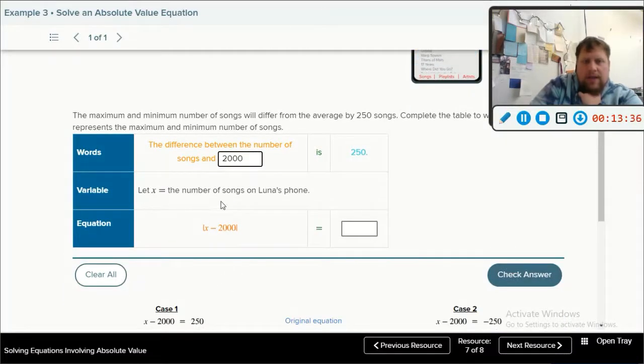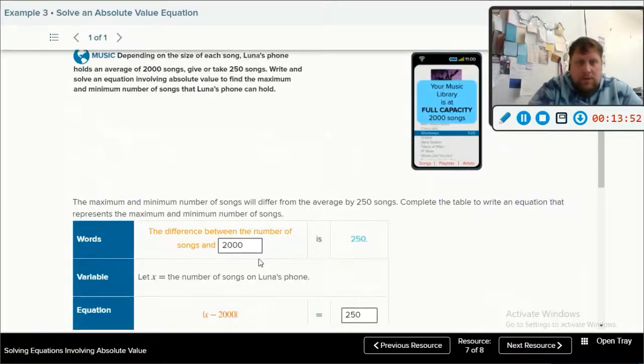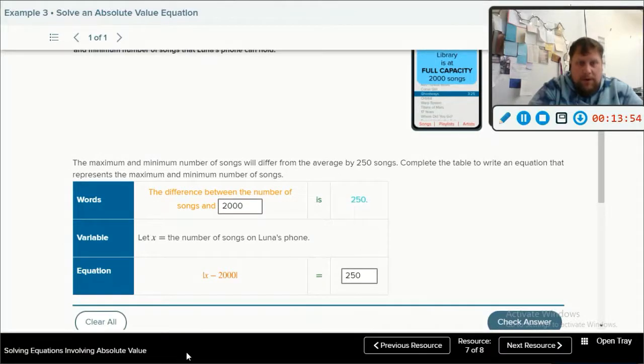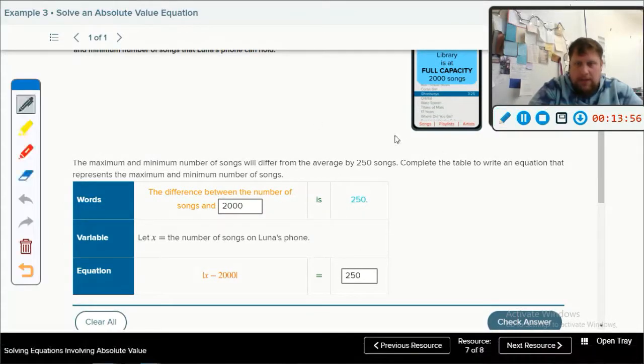So let's see, let x equal the number of songs on Luna's phone. So we're going to have x minus 2,000, right, should equal 250. Well, now let's solve that twice. Remember? So I'm going to set this up to solve twice right up here. I know they have it worked out down there, but I like to do it live for you.